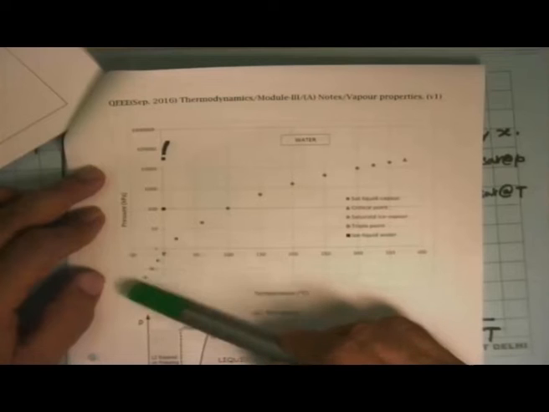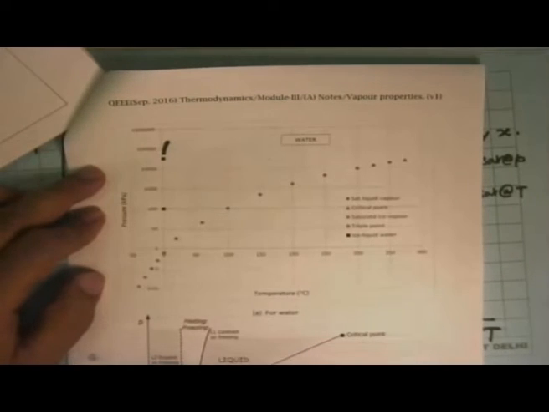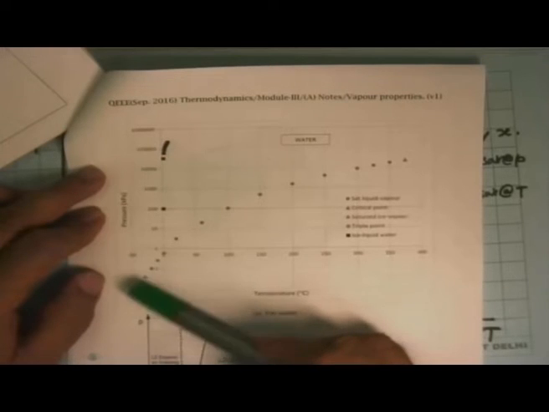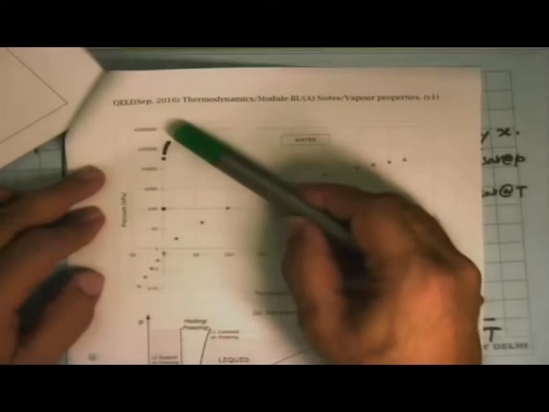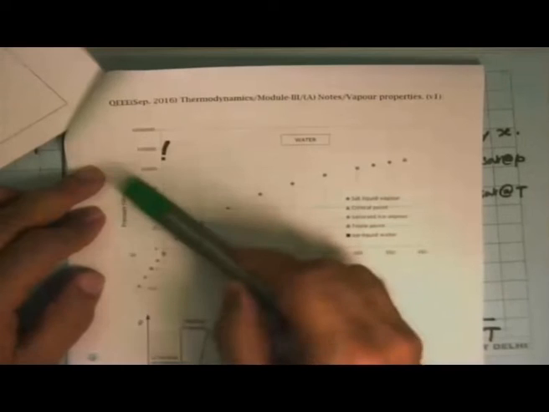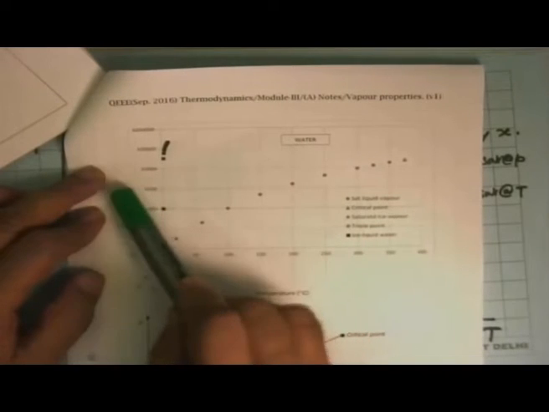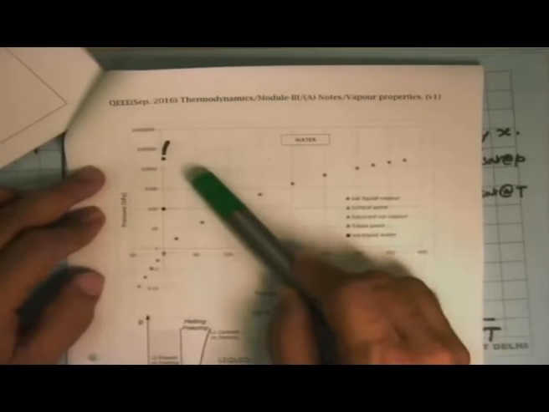These points are solid liquid lines, solid vapor line. And this is ice or solid ice on this side, solid phase, and here there is liquid phase.